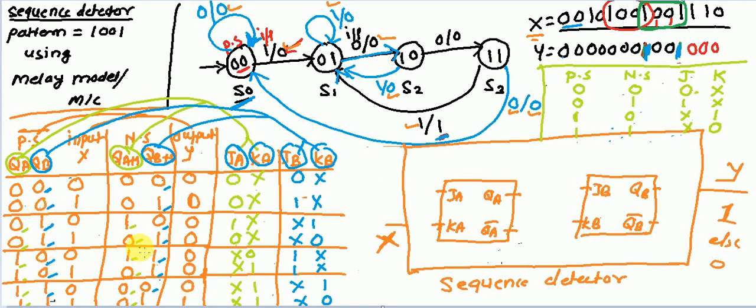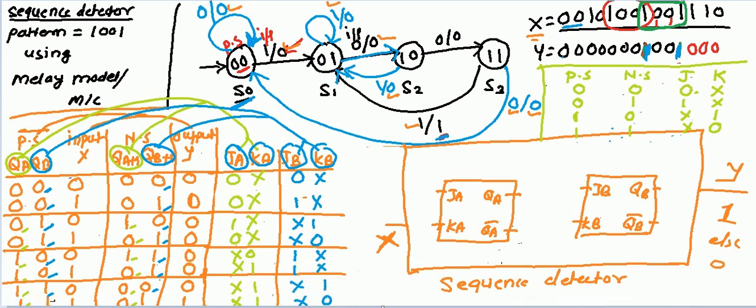If QB is 1, QB plus is 0, JB is don't care, KB is 1.